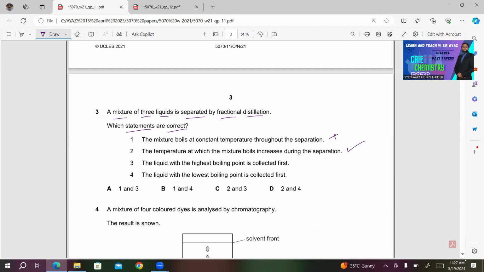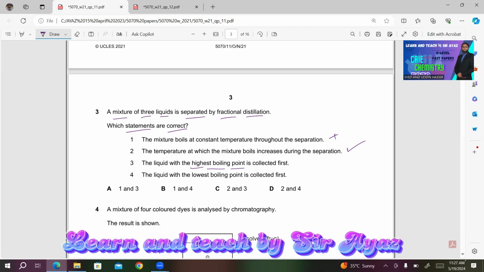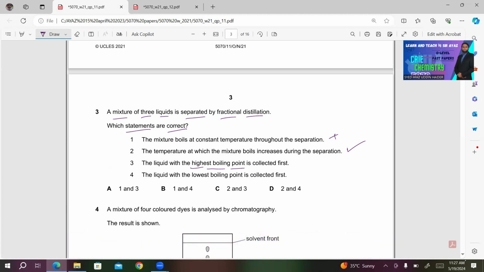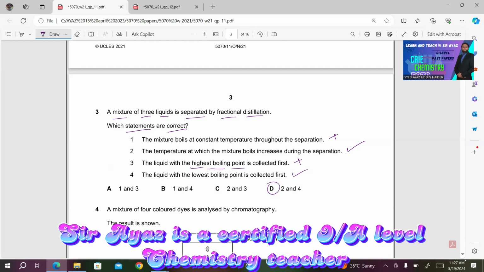This is correct because the temperature will definitely increase as these liquids get separated. Number 3, the liquid with the highest boiling point is collected first. This is wrong because the liquid with the lowest boiling point will be collected first. Number 4, the liquid with the lowest boiling point is collected first. This is also correct. So obviously 2 and 4 is correct. So D must be the right answer for this question.